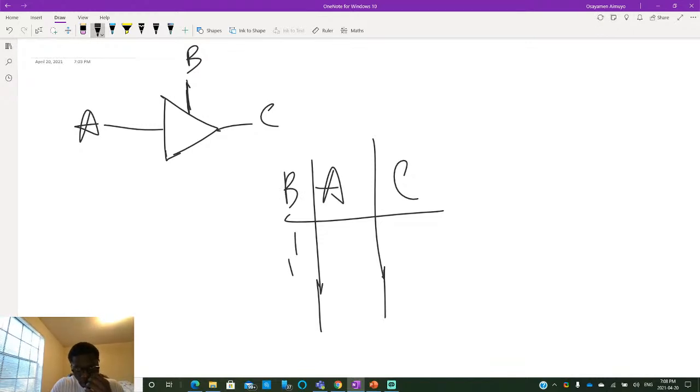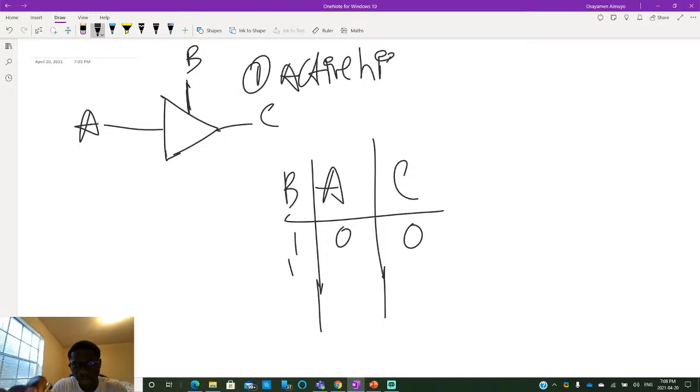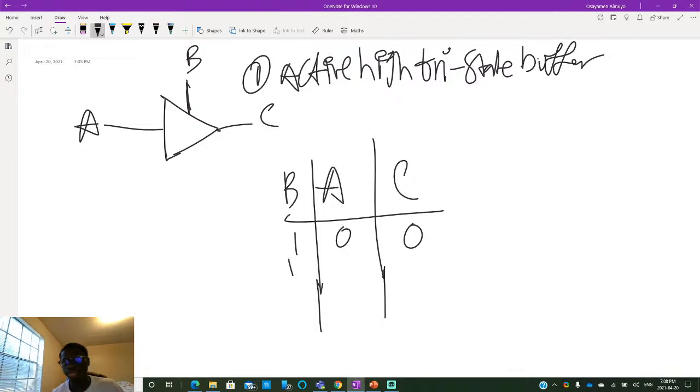B is a one. The input A is basically passed as the output for this case. So this case is called the active high tri-state buffer.